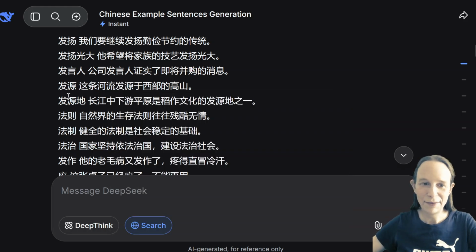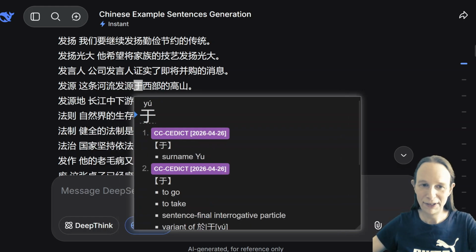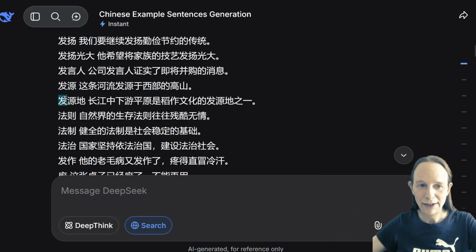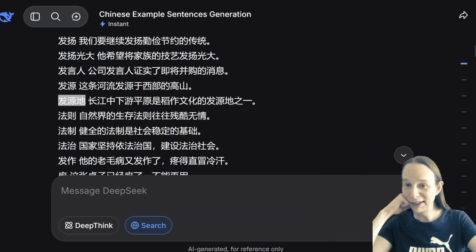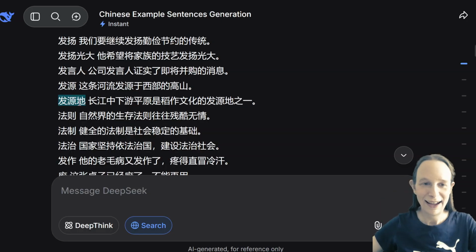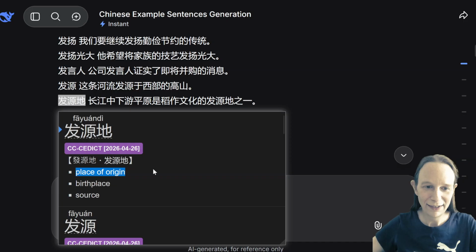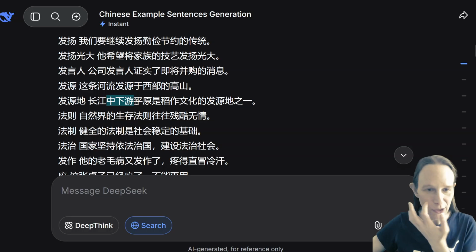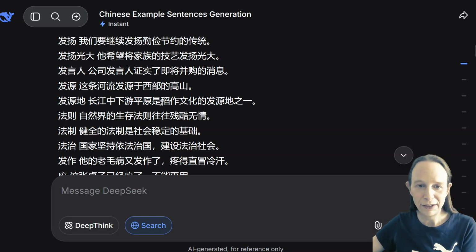All right. I don't think I care that much. I don't use this in my output. There's multiple other words, especially this one, 源于. It has its origins in. 发源地. Presumably this is where a river starts. A river basin or something? Source. Okay, so it's used figuratively. 长江中下游平原是稻作文化的发源地之一.